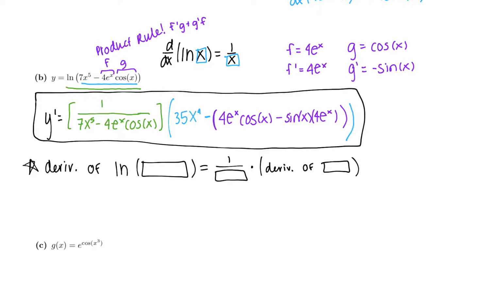That's what ended up here: 1 over the inside part, and then the derivative of the inside part. I could write the word inside down here.